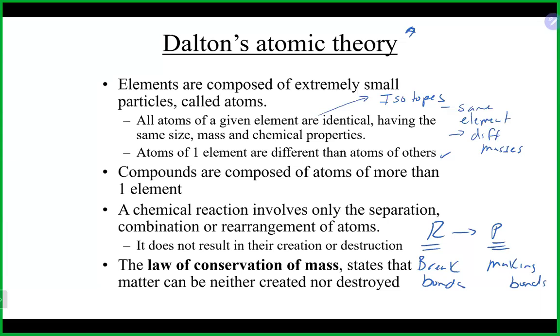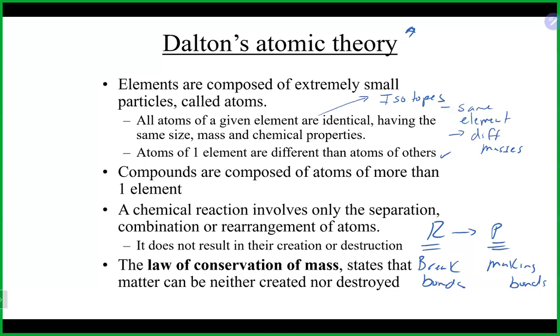So we never change the elements that we start with in a chemical reaction, and we have that conservation of those elements. That is why in a lot of cases we balance equations, so we don't lose any elements along the way. That also is different than in a nuclear reaction. In a nuclear reaction, the only thing you're doing pretty much is changing elements into different elements.